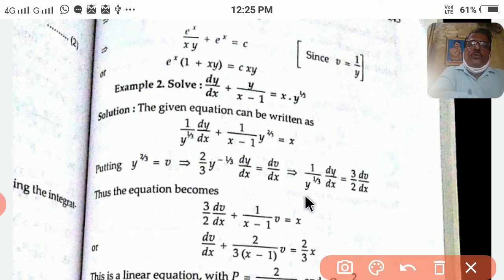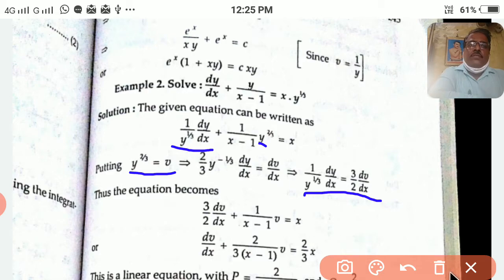Now again substitute this value here, and this value y^(2/3) here, so this gives 3/2 dv/dx + 1/(x-1) v = x.